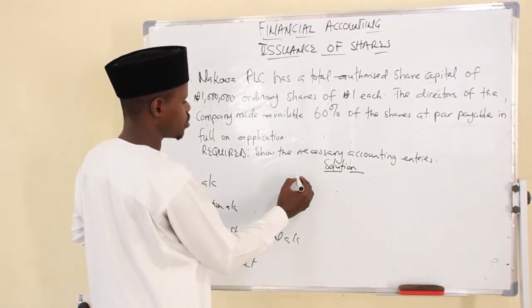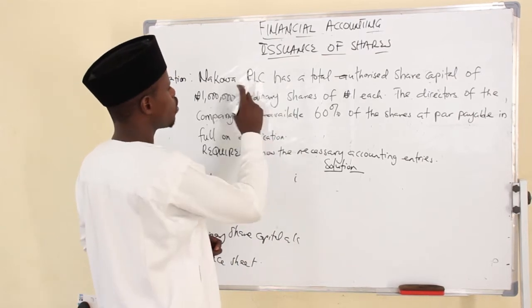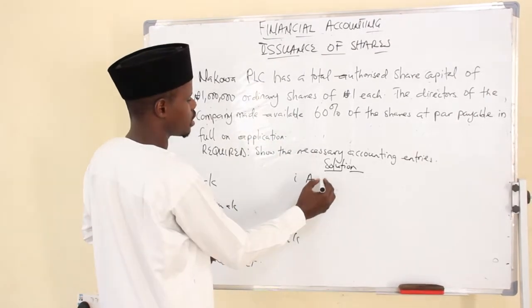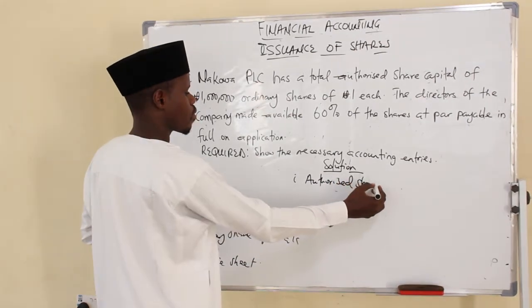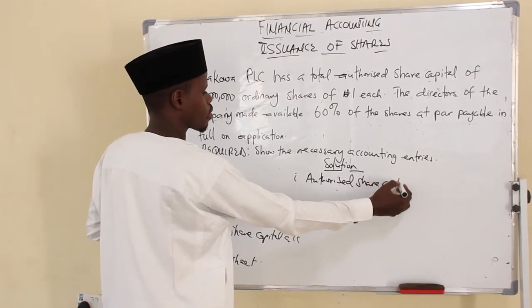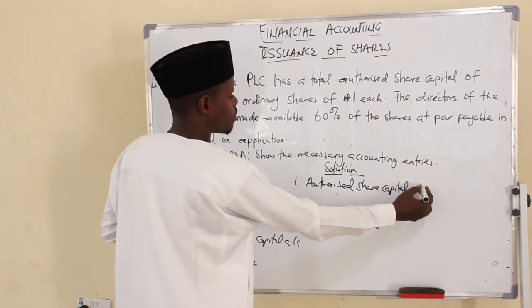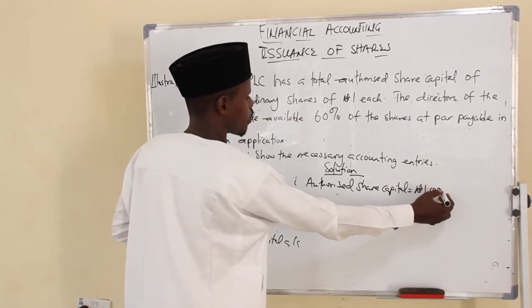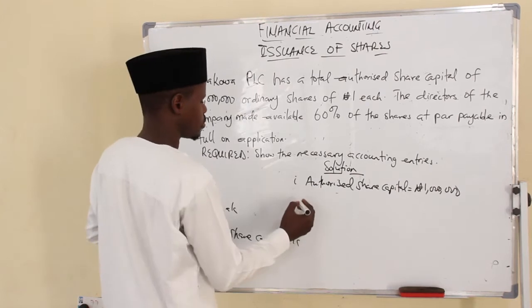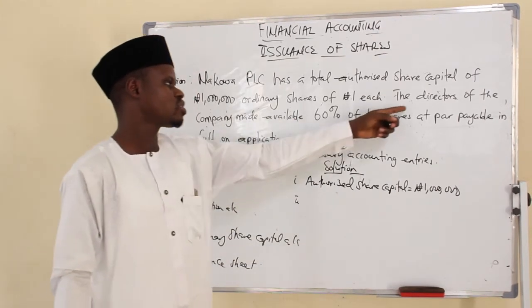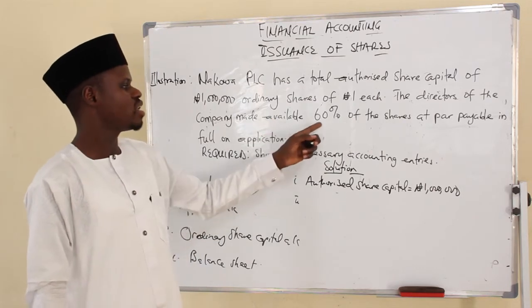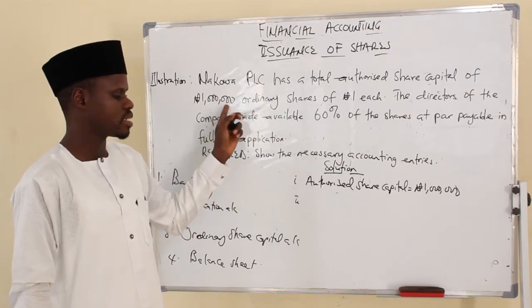So we said first we know that NACOA PLC has an authorized share capital of 1 million naira. Second, the board of directors of NACOA PLC have decided to make available 60% of these shares.